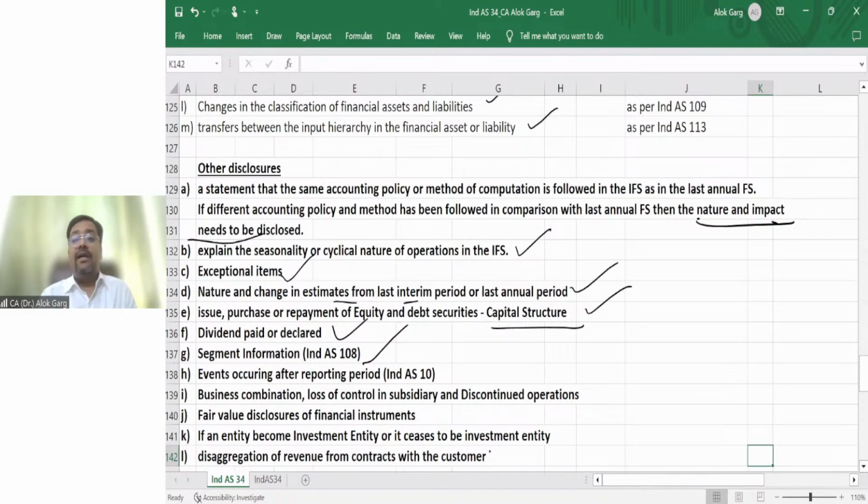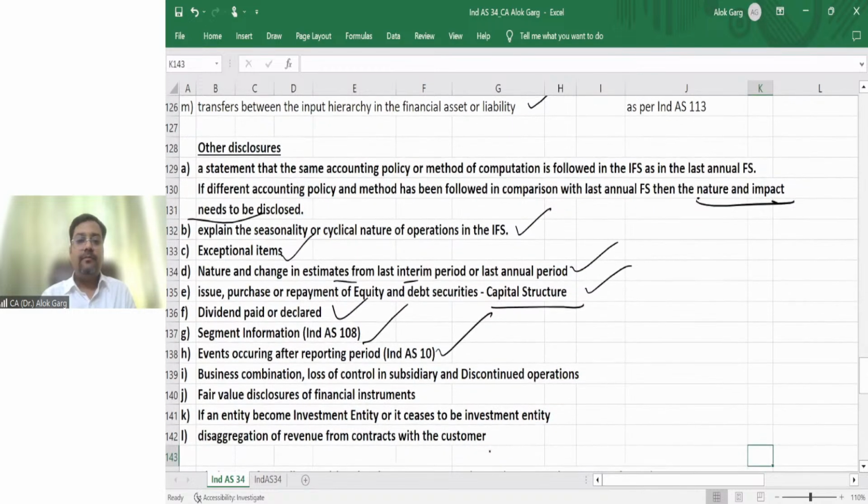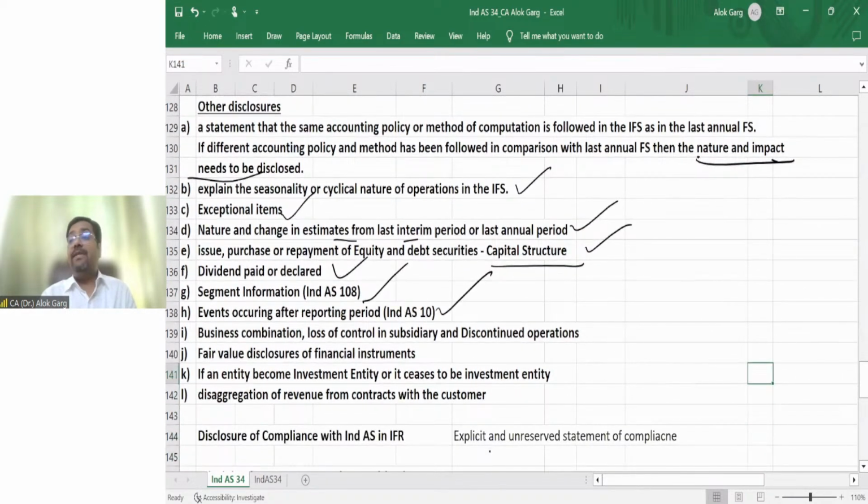That is why, for a company which has segments, for example, you can go and download the Reliance Industries quarterly results. You will find they are presenting their segment information. Subsequent events occurring after the reporting date, which is as per Ind AS 10, are required to be disclosed in the interim financial report, right? Business combination.